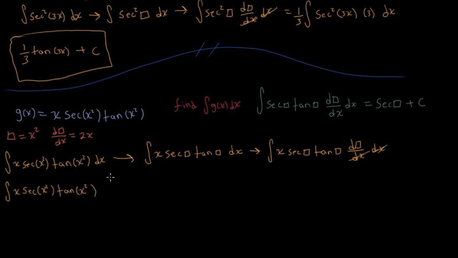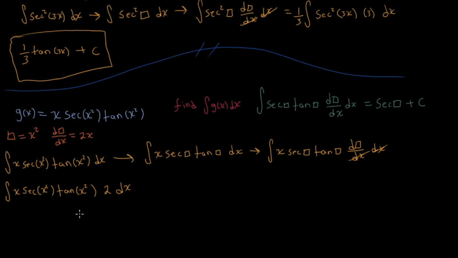Keep in mind we already have an x here. So to make sure we have 2x, all we have to do is multiply this by 2. We don't make another 2x because that would change the entire thing. So we just multiply by 2, and now we have our 2x, dx.